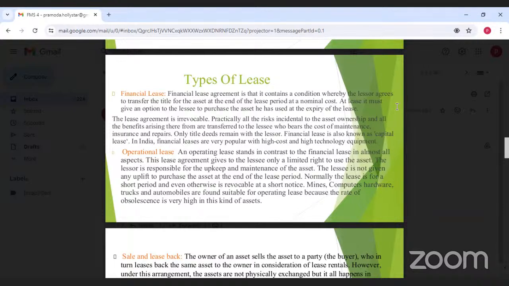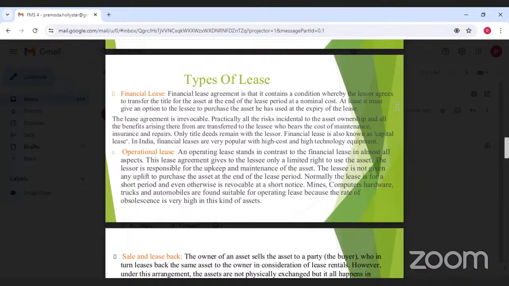Because Nagamani might be under the impression that after using it for a certain period, the quality or life of the asset may go, or Nagamani is going for some other business plan. So she does not have an idea of taking back that asset from Bharati again. Because of various reasons, while making the lease agreement, she stated that after the completion of the lease agreement, the title of that asset will be transferred to Bharati at a nominal cost. That means not higher or lower, but at a nominal cost, she is going to transfer.